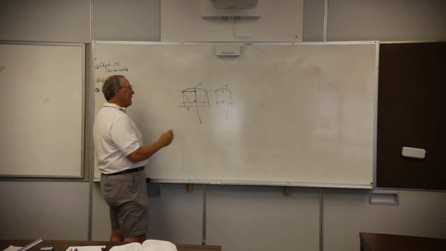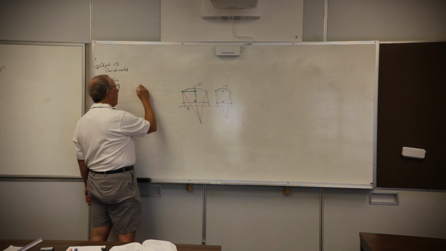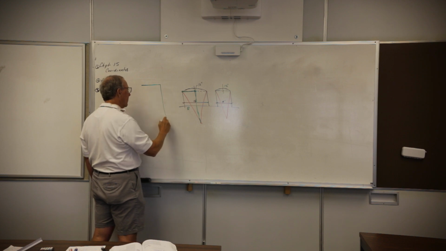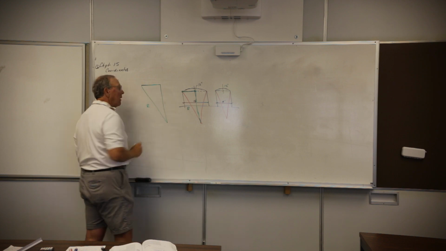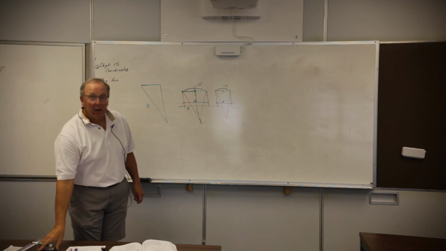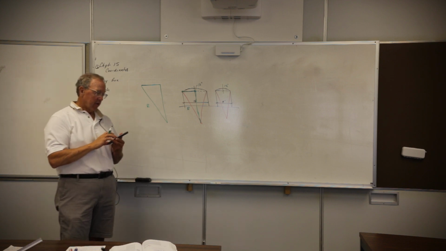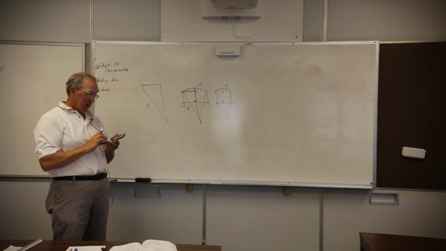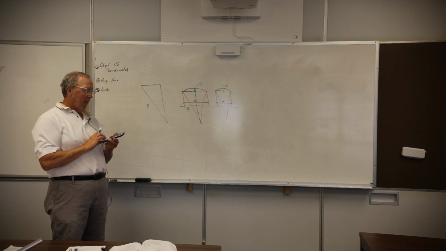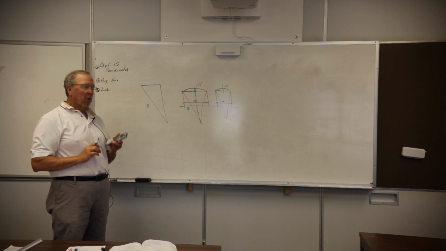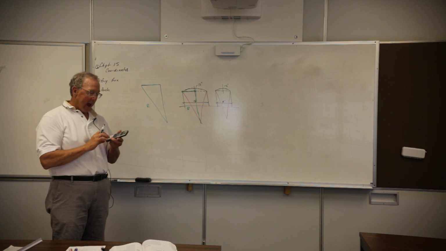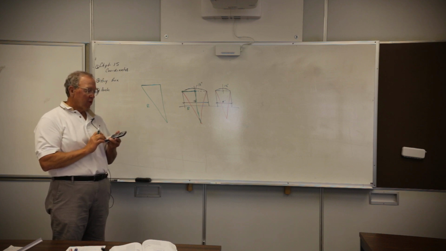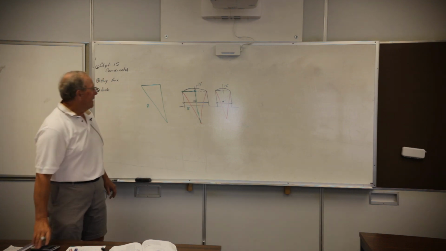Okay? So if I looked at that triangle and I pulled it out right here, I would look at something that looked like this. 18 feet. If I take 18 feet and turn this little guy on, 18 times 12, I get 216 inches. Half of that, divided by 2, is 108 inches.